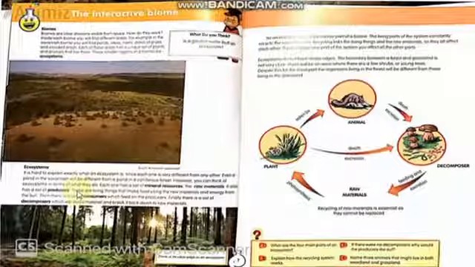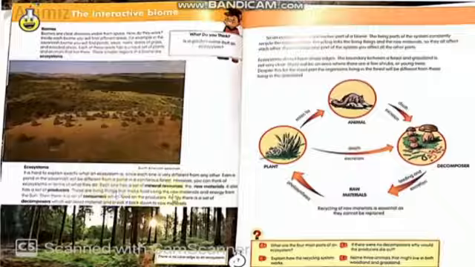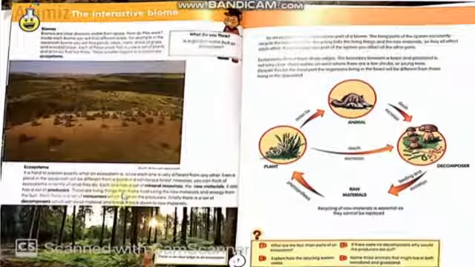So plants are basically the primary producers, which produce food for other animals and humans as well. These are living things that make food using the raw materials and energy from the sun. Plants use the process of photosynthesis to make their food using sunlight.